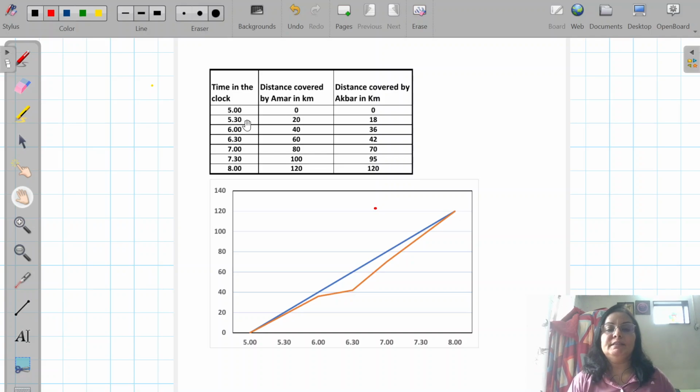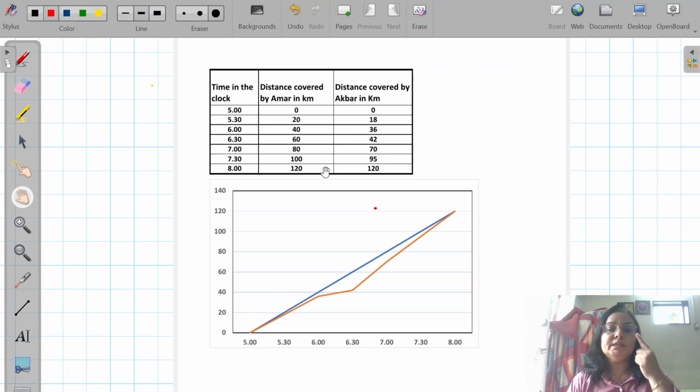In half an hour, that is at 5:30, the distance covered by Amar is 20 kilometers and the distance covered by Akbar is 18 kilometers. They both travel this and calculate the distance they cover in every half an hour. So, by 6 o'clock, while Amar has covered 40 kilometers, Akbar has covered 36 kilometers.